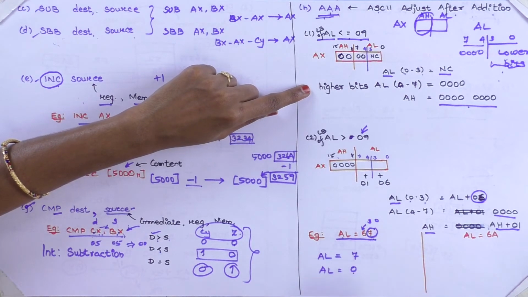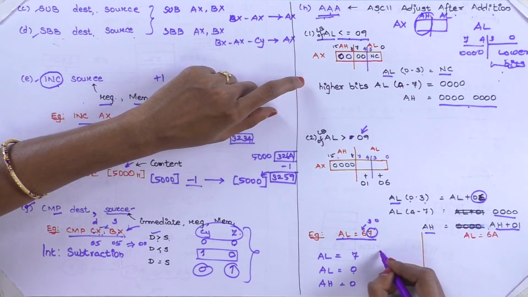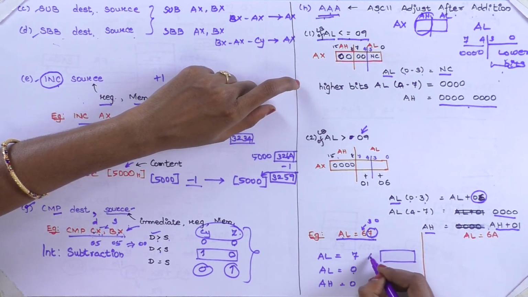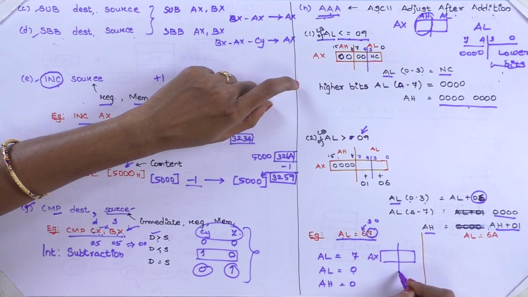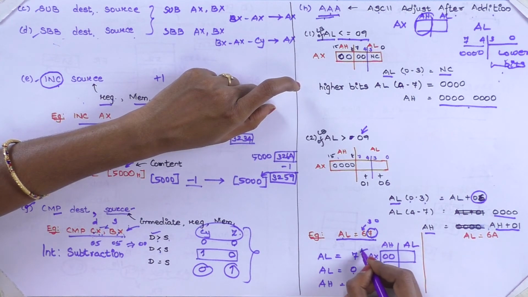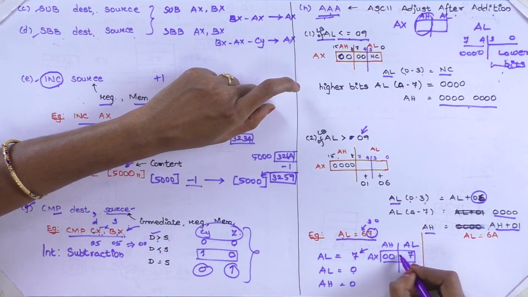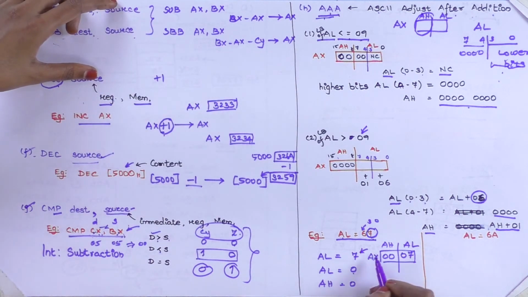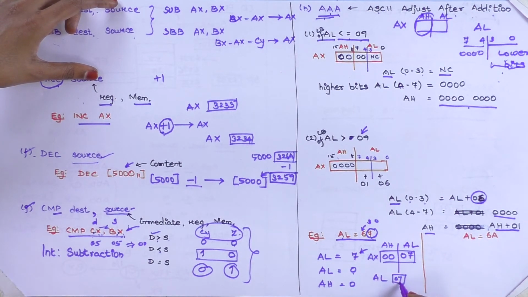So the 6 has become 0 now. Then the AH register will also become 0. So what value will be in the AX register? AH has become 0, and in AL the lower bits have no change while the higher bits have become 0. So the AL value will be 07, and as a whole the AX value is 0007.